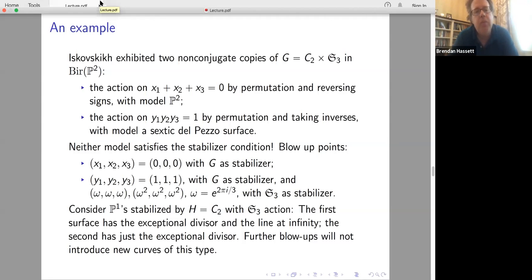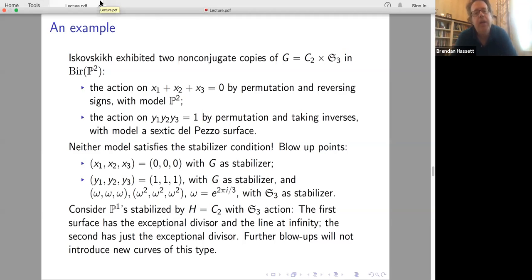That's one action. The other is a multiplicative action where you look at a torus, y1 y2 y3 equals 1, and you again take the permutation of the letters. Instead of reversing signs, you take inverses of all the letters.